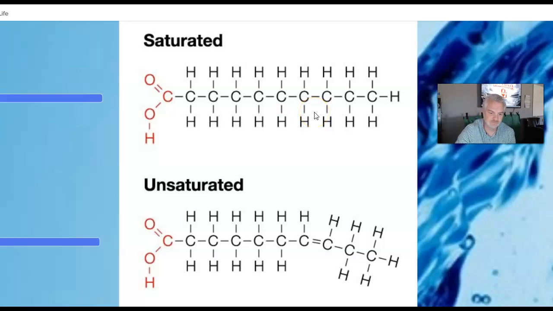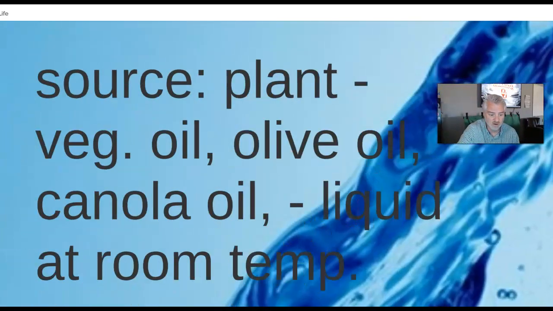So you'll sometimes see that food contains partially hydrogenated vegetable oil or corn oil or canola oil, and typically they will make those trans fats, and those are worse for you than saturated fats.